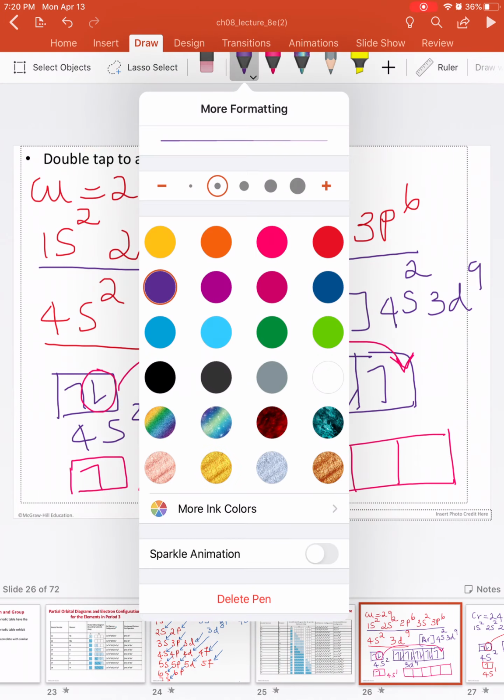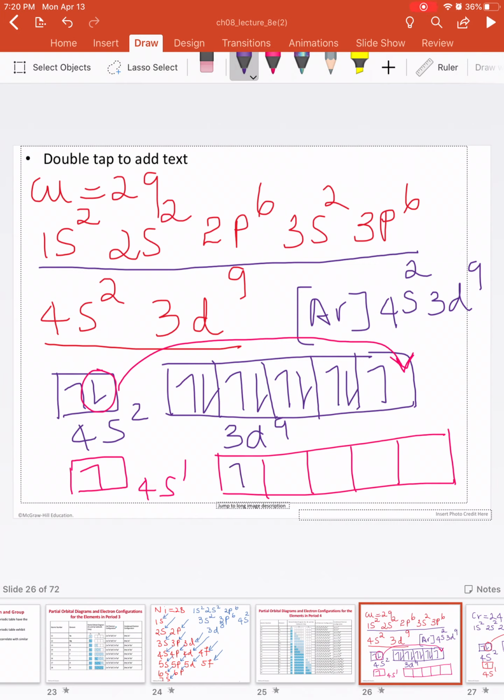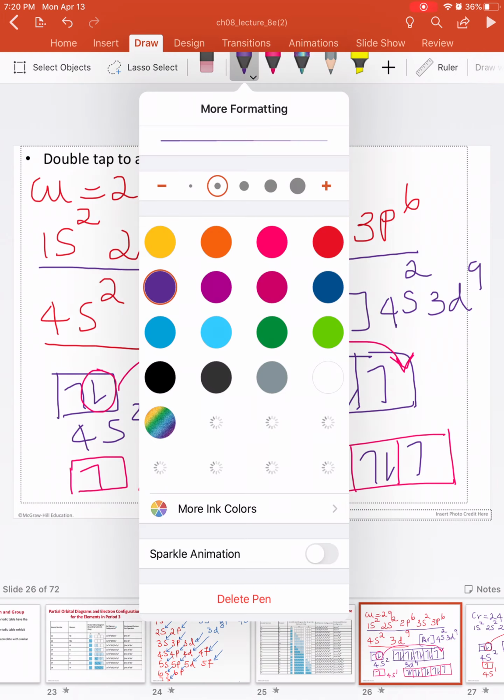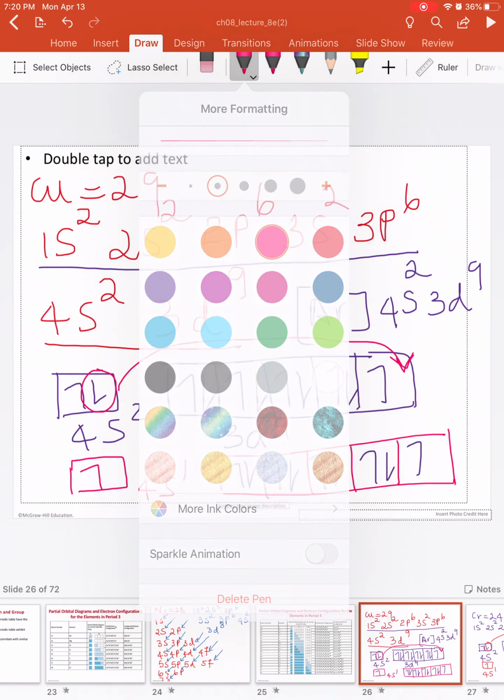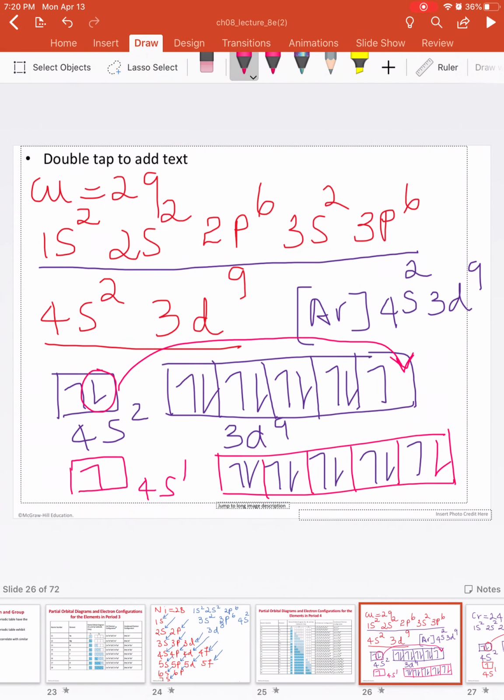Originally it had 9, and 1 electron came from the s, making it 4s1, and this would make it 3d10. So copper would be, instead of 4s2 3d9, the configuration 4s1 3d10.